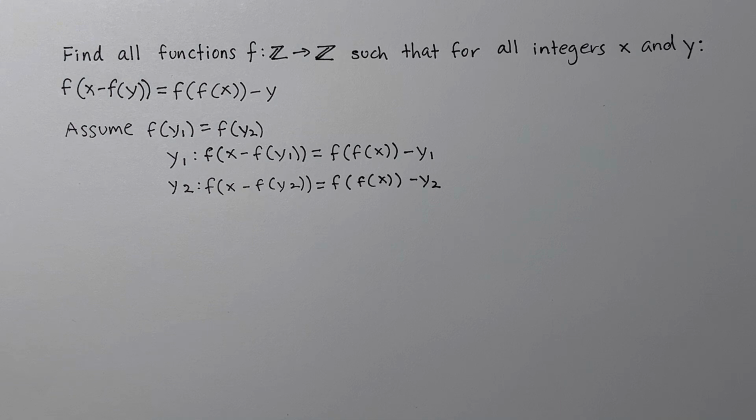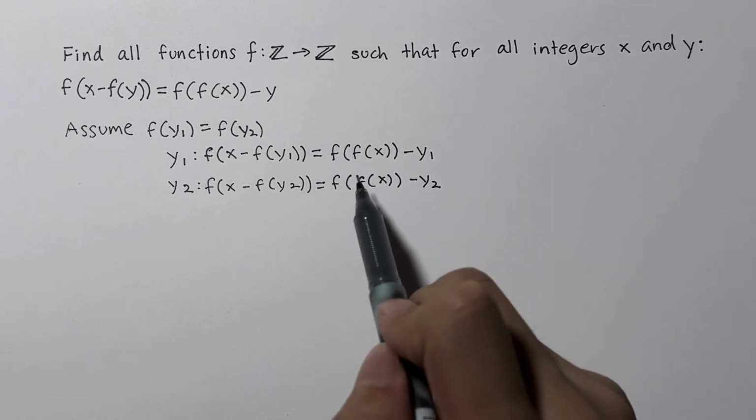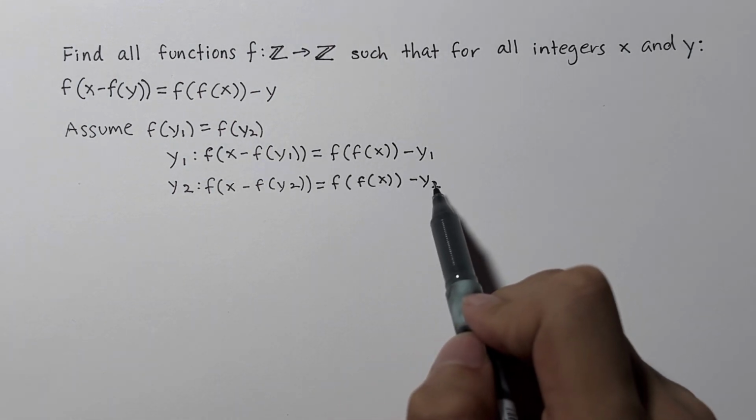And then, since f of y1 equals f of y2, the left-hand sides of these two equations are identical, and that will mean the right-hand sides must be equal too. So in other words, f of x minus y1 equals f of x minus y2.